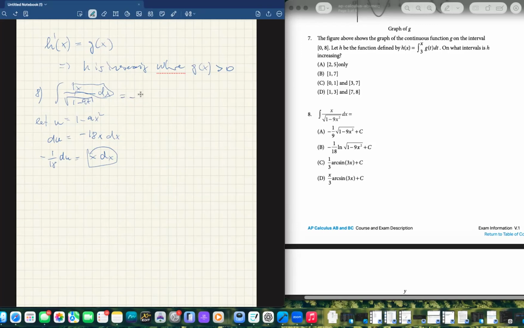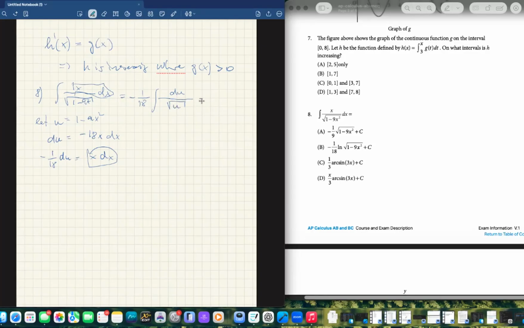First of all, let's pull that negative 1/18 to the front. I'll show you in a minute where these two steps are the same. And then you have left du over root u, okay?